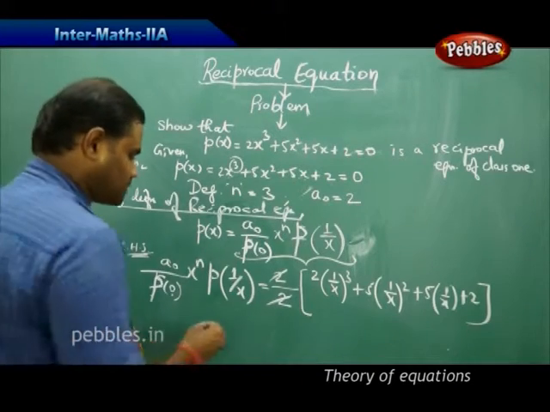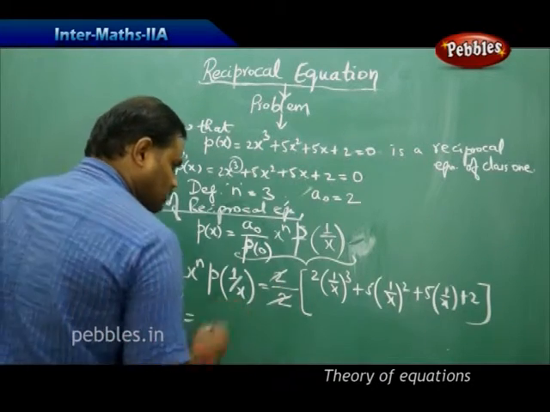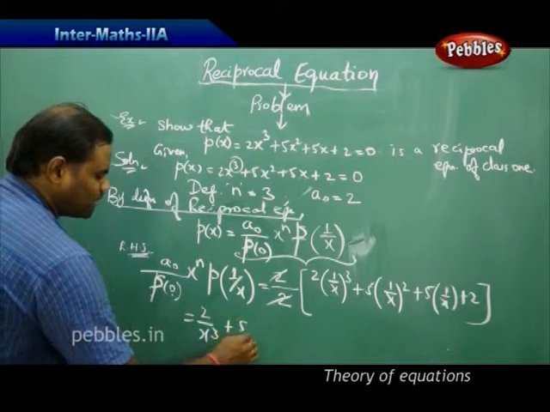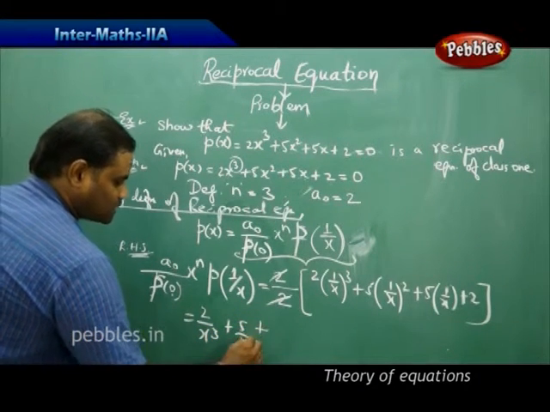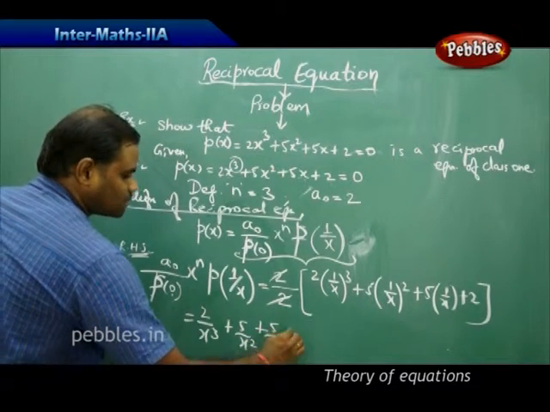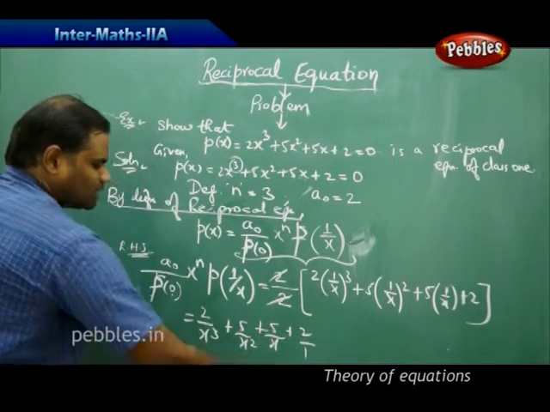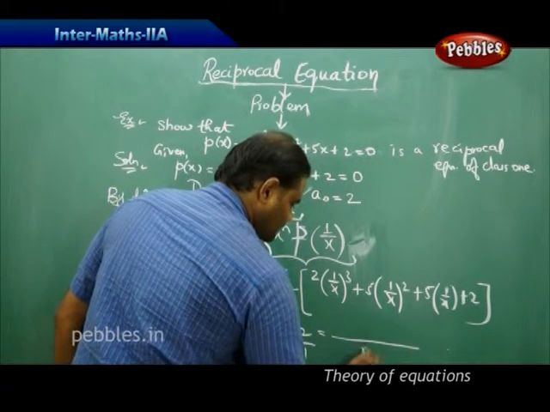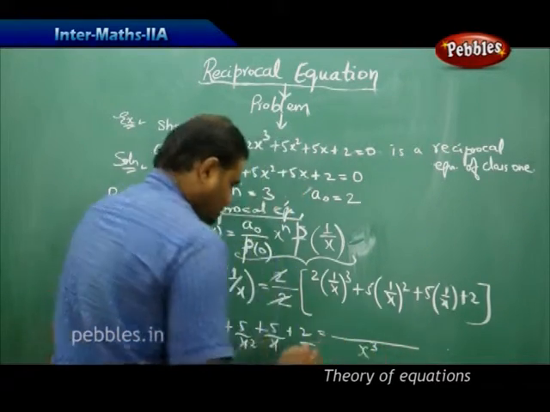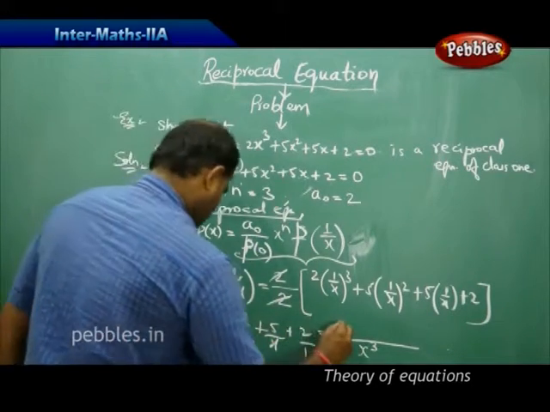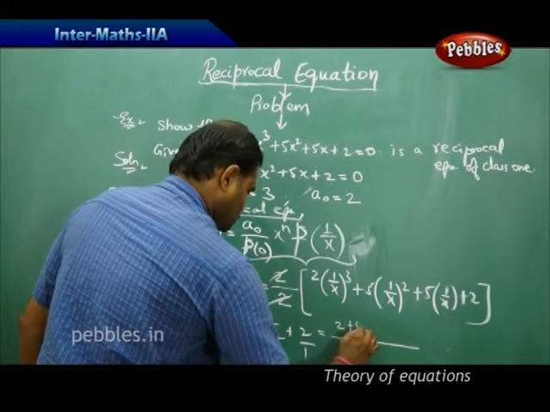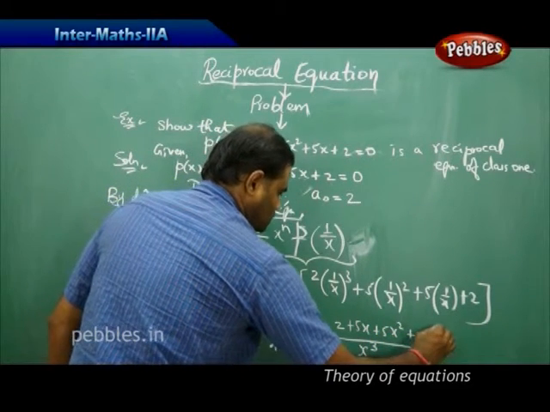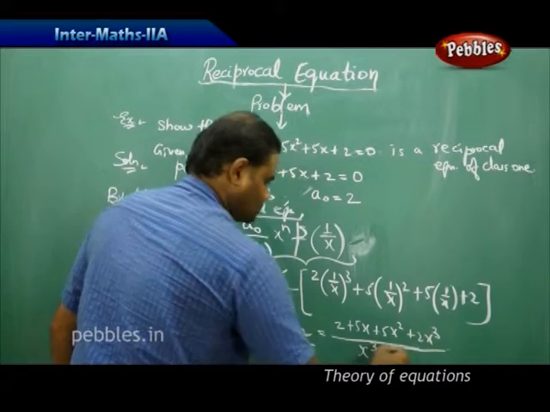So let's simplify this. On expansion it gives me 2 by x cube plus 5 by x squared plus 5 by x plus 2, which on further simplification through LCM of x cube gives 2 plus 5x plus 5x squared plus 2x cubed.